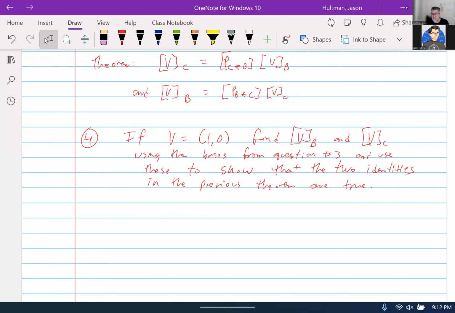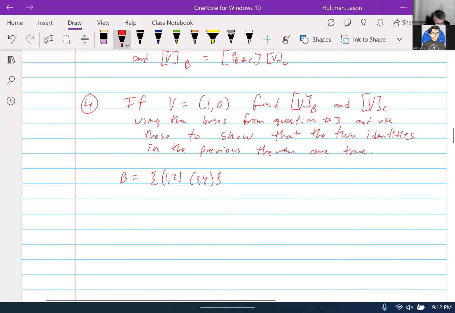Okay, so let's see the old-fashioned way. If I have base B, which is 1, 2, 3, 4, then I can say C1 times 1, 2 plus C2 times 3, 4 is going to be equal to 1, 0.